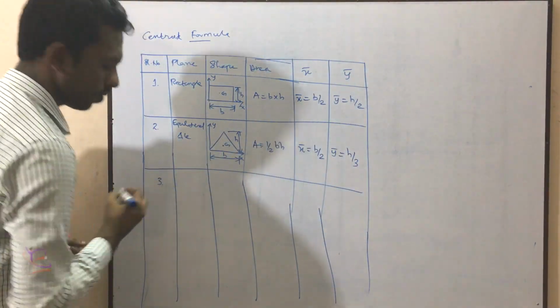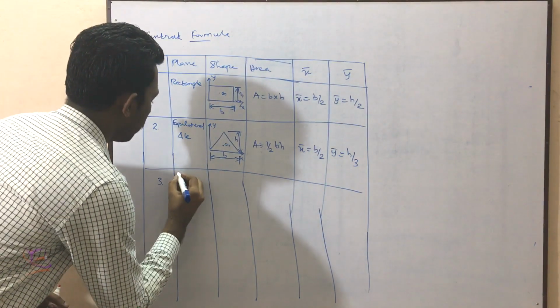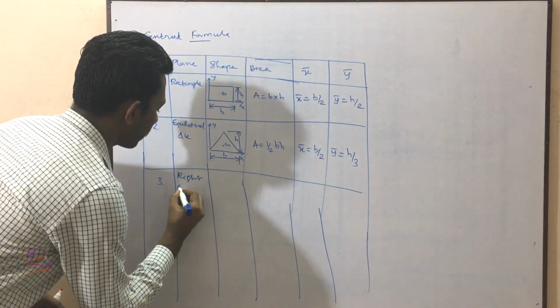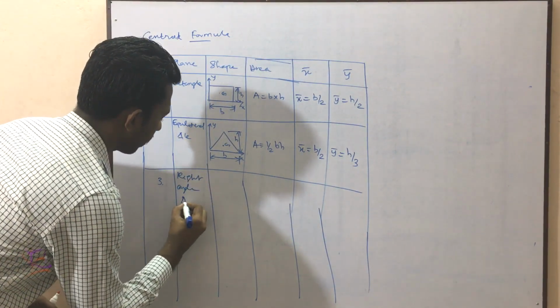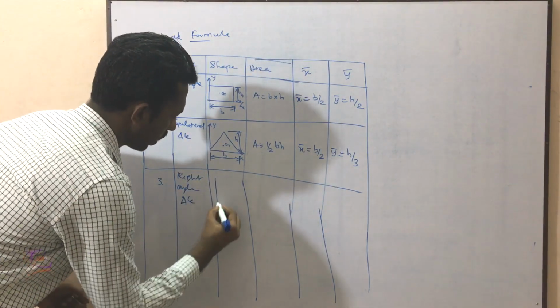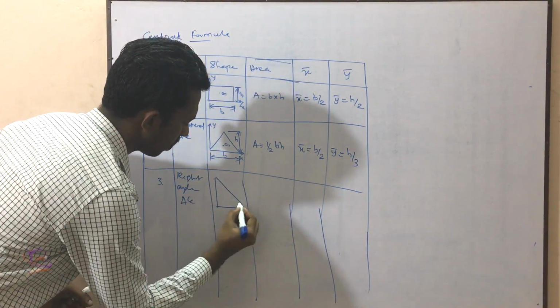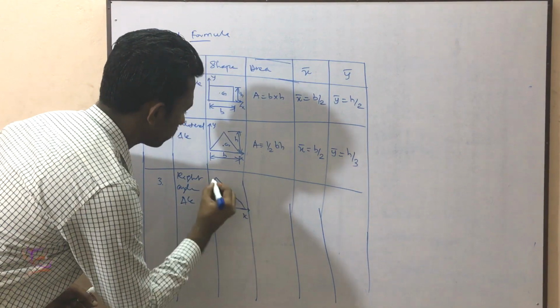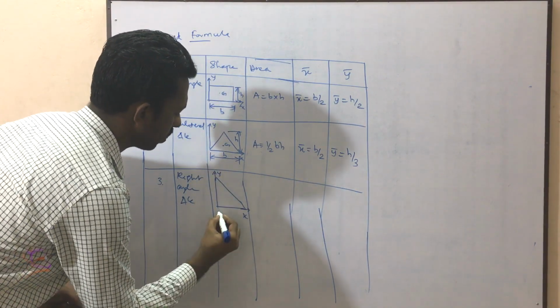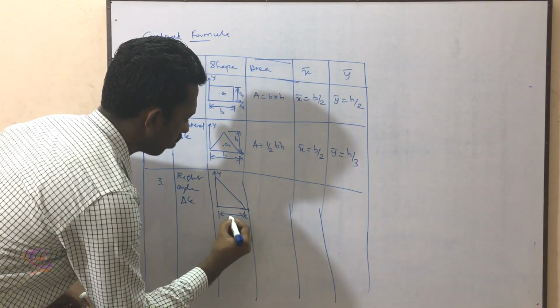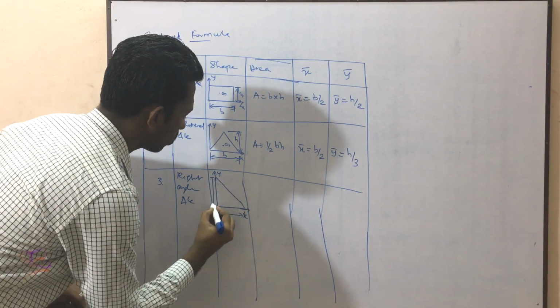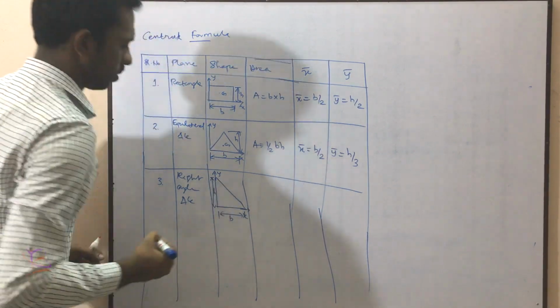Then the third one will be the right angled triangle. The right angle triangle with x and y, the same base b, and this will be h.